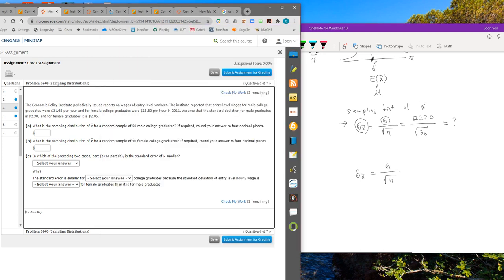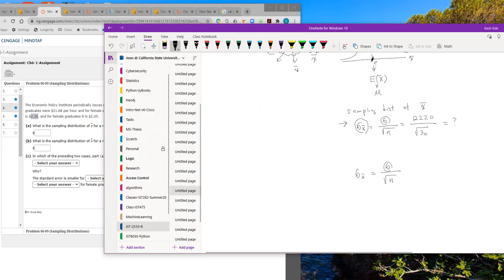For this problem we have sample size 50, and the sigma, for the male graduates, assuming the standard deviation is $2.30, is the population standard deviation, 2.30. I think you can easily find the sampling distribution of x bar, which is this.